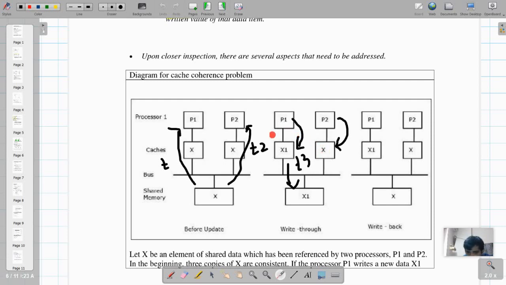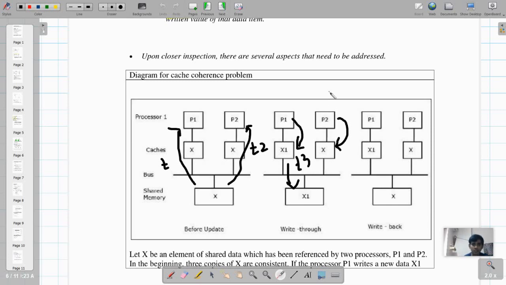There is some kind of inconsistency between the data residing in the centralized shared memory and the data inside the cache. This problem is cache coherence. You can see that different caches are holding inconsistent values of data within themselves. So this was in brief the cache coherence problem and the consistency problem which arises due to it.